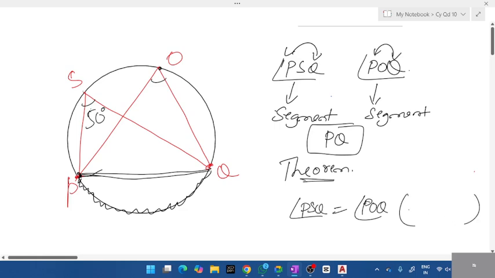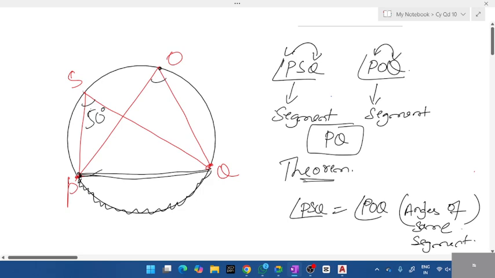That is, angles of, is this a segment or sector? These two are called segment or sector? Angles of same segment. Take down the theorem. This is what you have to write in the bracket. Make a note of this. Angles of same segment.